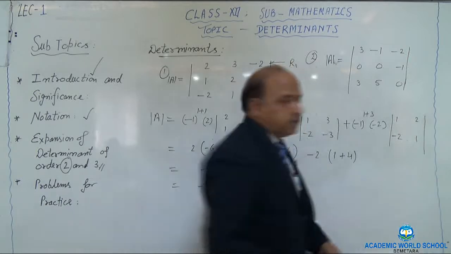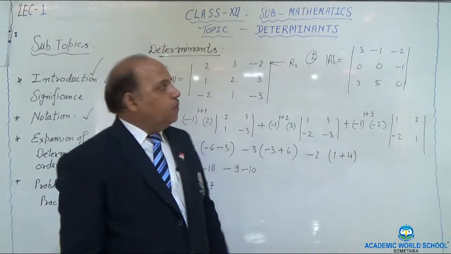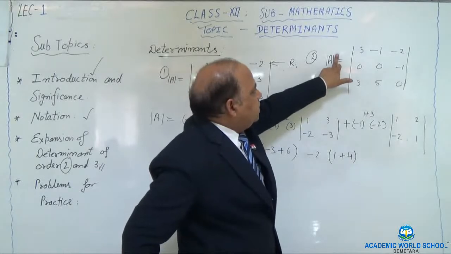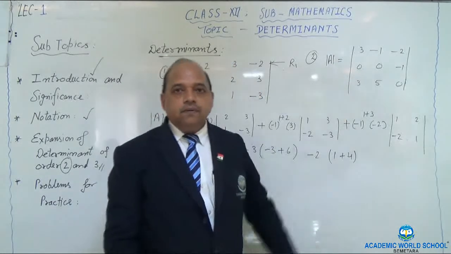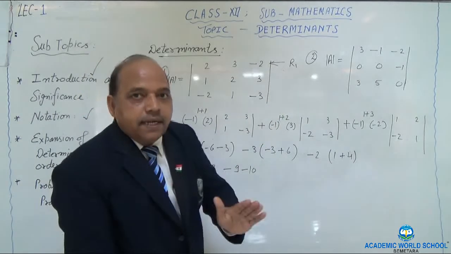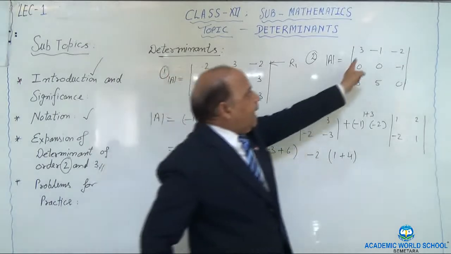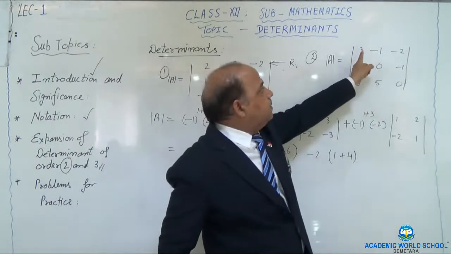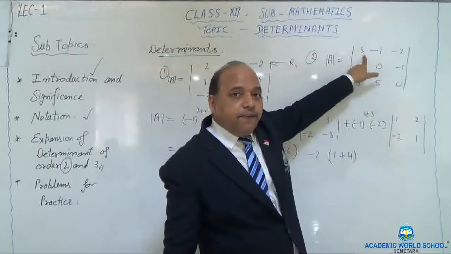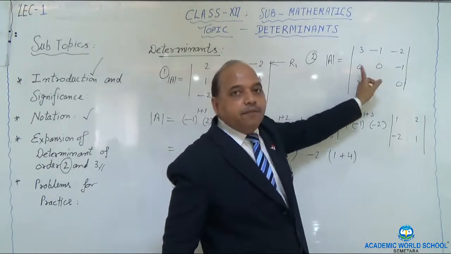And this is your 3 cross 3. Now, if I ask you, expand this, find out the value of this, some of you may try to apply the same rule. Don't apply that here. Look at this very carefully. In place of expanding this about the first row, if you expand along the second row, both these elements are 0.